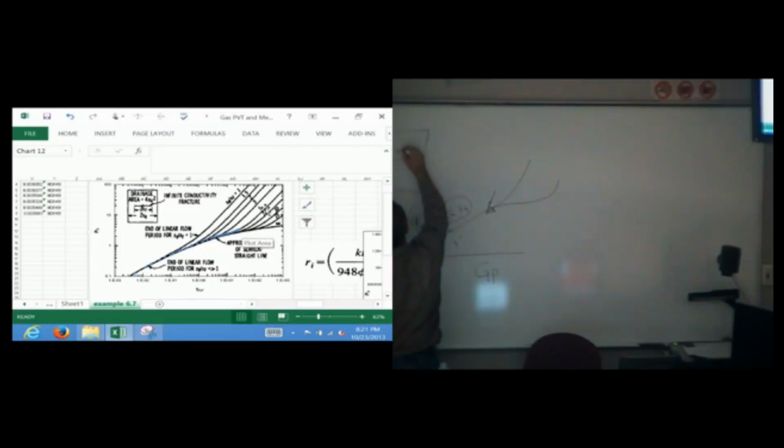Here's x sub f, and here's x sub e. And are we a square? I think we're always a square.